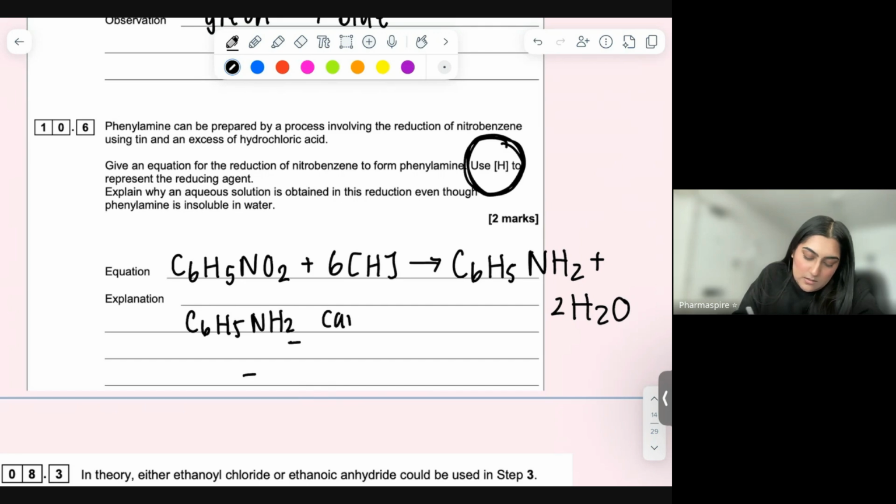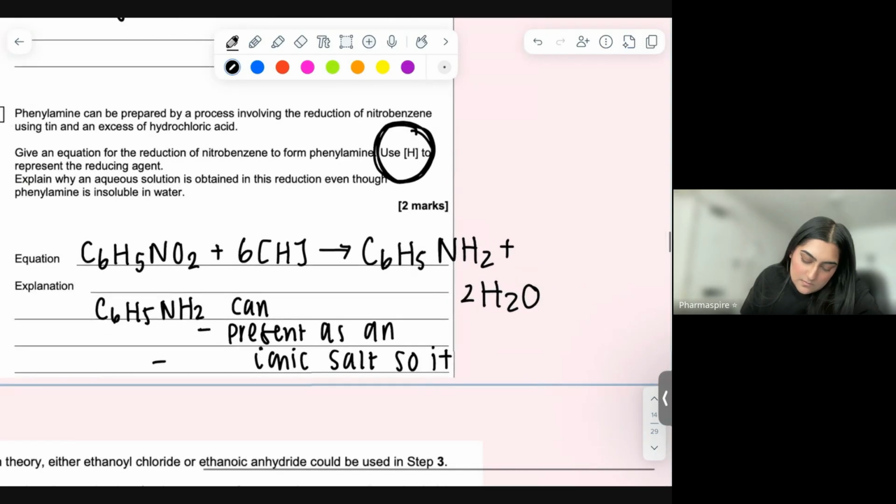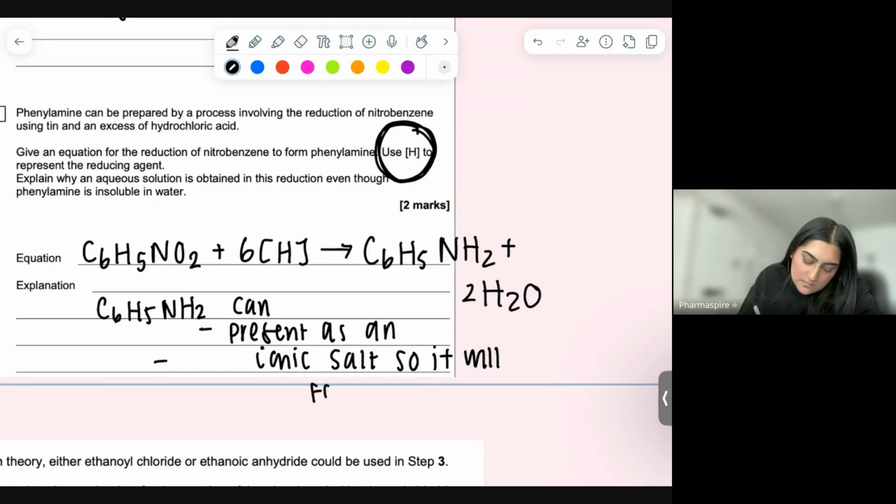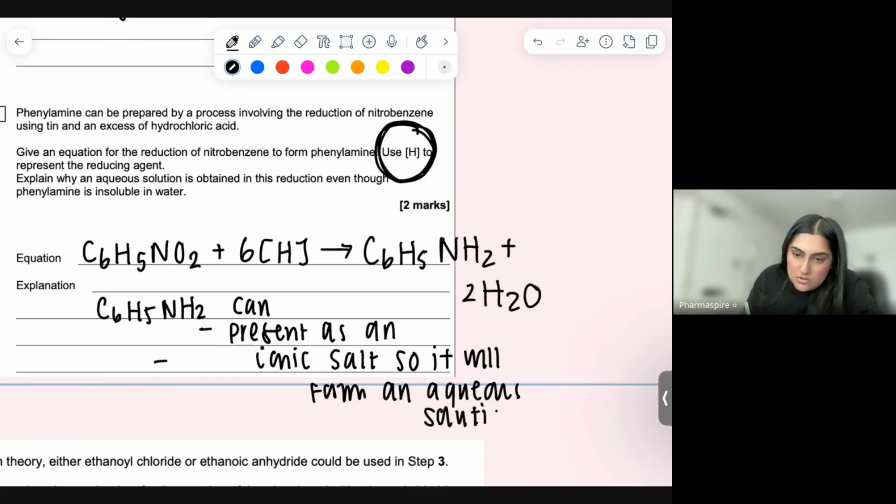C6H5NH2 can present as an ionic salt, so it will form an aqueous solution. You can even have NH4+, whatever.